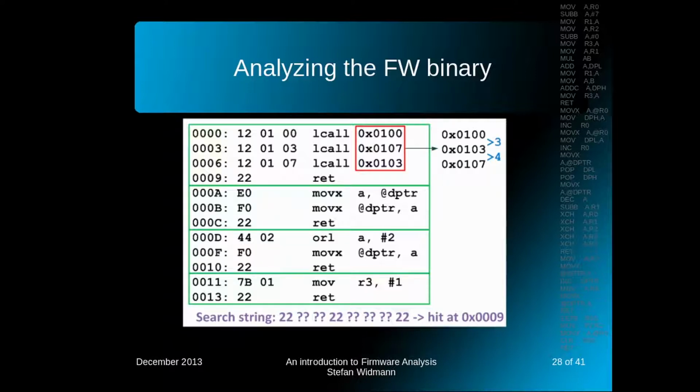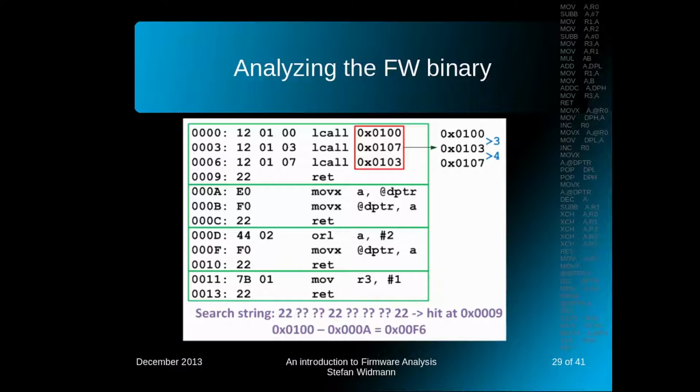But we do not want the address of the return, we want the address of the subroutine, so we are not using the 9, we are using the A. What we do is we take the original destination address 100, we subtract A, and we get the base address of our code example, which is F6.